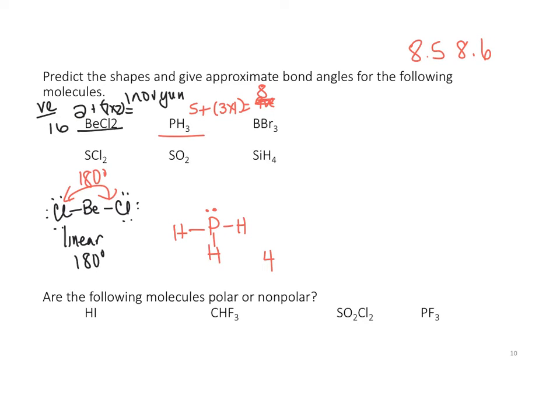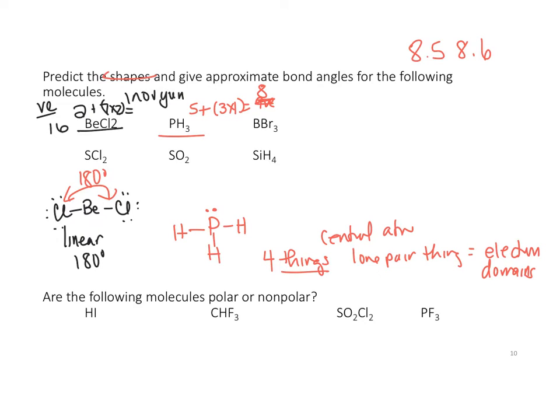When you have lone pairs, we're looking at 8.6. So the electron domains, there are 4 things. We're always looking at the central atom. We just care about the central atom when we're predicting shapes. So here's the central atom. There are 4 things because a lone pair is a thing, and those are called electron domains. So if you go to that chart, you see 4 domains.